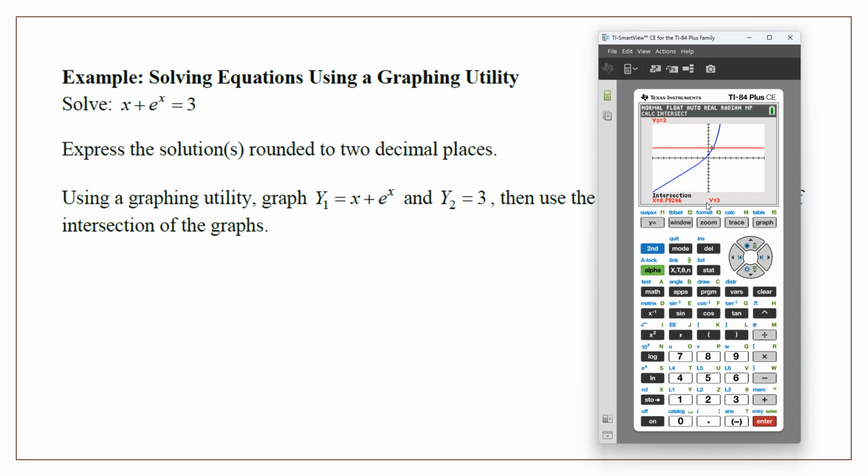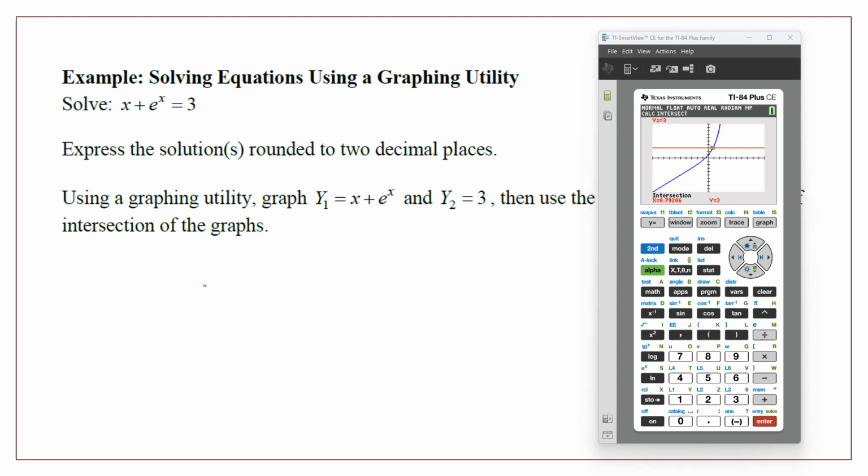So our solution then is going to be the x coordinate 0.79206. So that is going to be the intersection solution for our equation. So x equals 0.79206. Okay, so let's write that down.